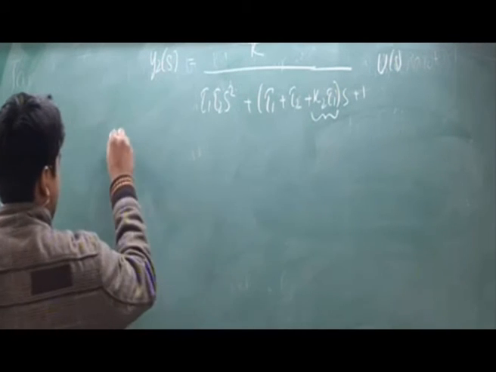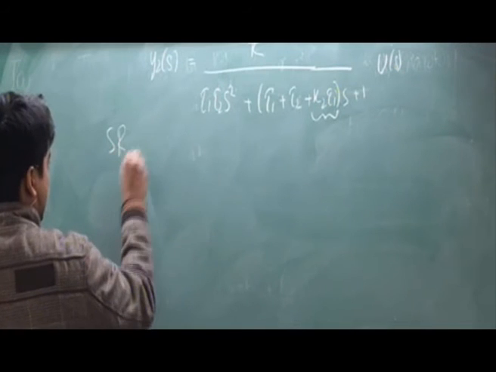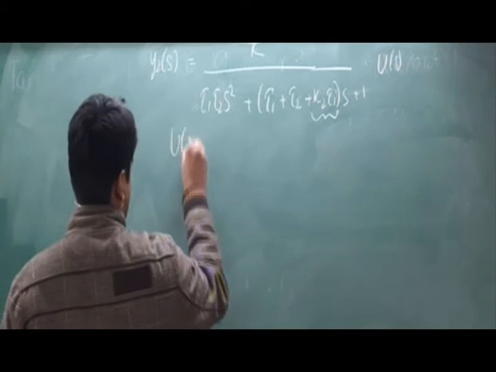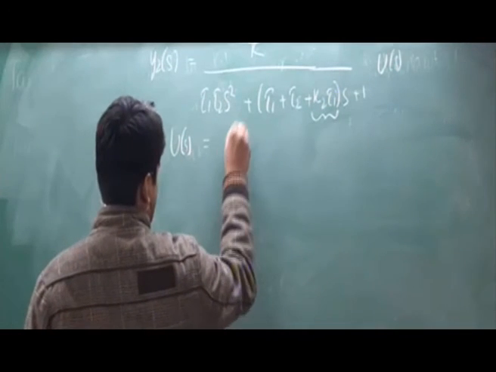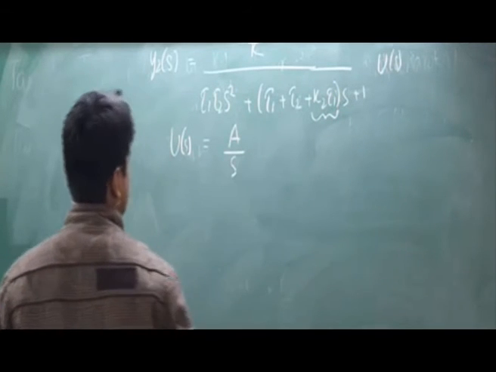So to analyze the step response, my U(s) would be some constant A over s.